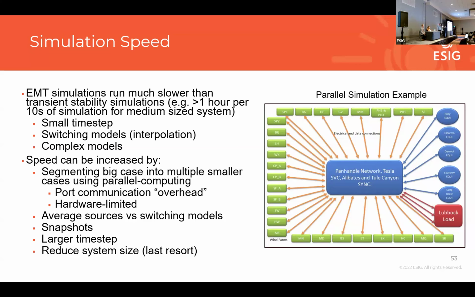And they're all interconnected to one main network case, which is the main one that you see in the middle there. We use parallel simulation to have these various plants inside of their own EMT cases, and then we can use electrical and data connections to talk back and forth between the cases.